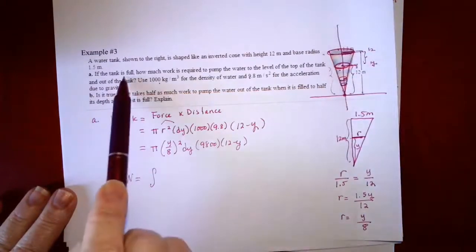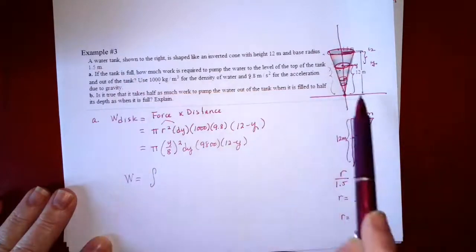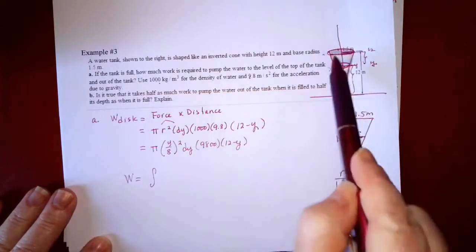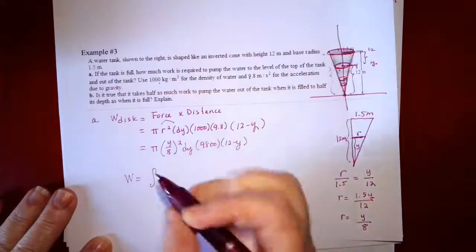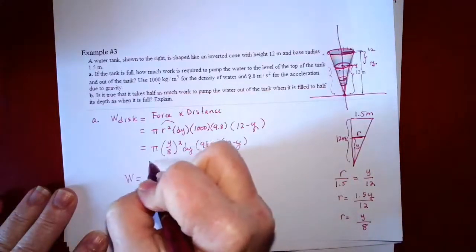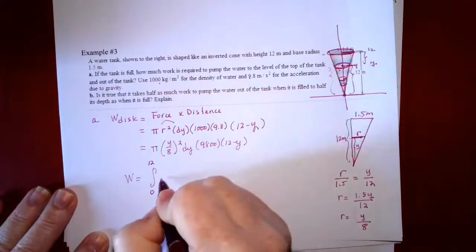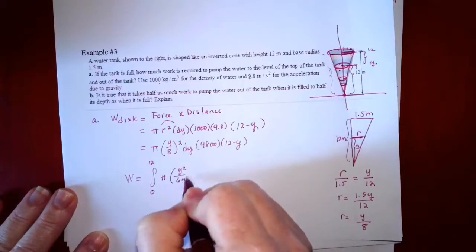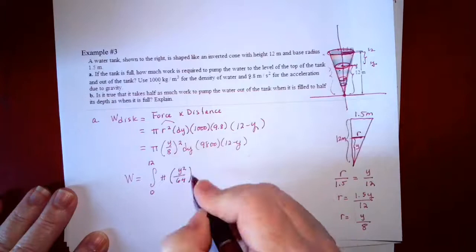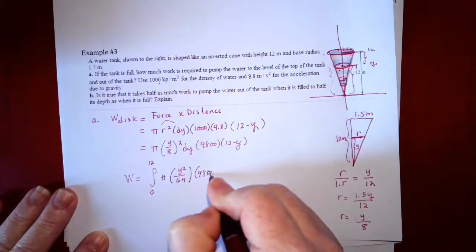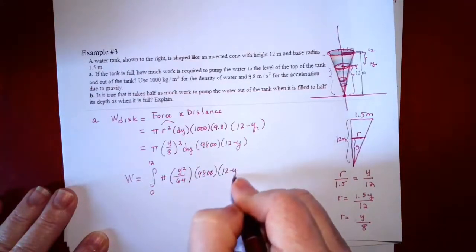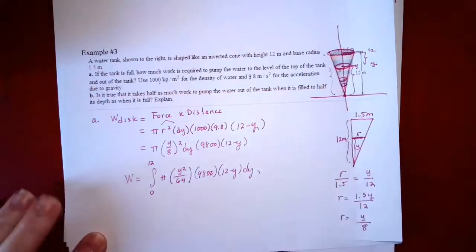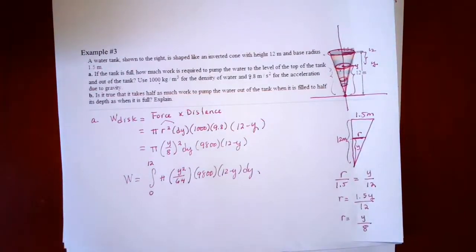Since this tank is full, my water stretched from y equals 0 to y equals 12. So we'll go from 0 to 12. Pi times y squared over 64, just squaring that out, times 9,800, 12 minus y dy.